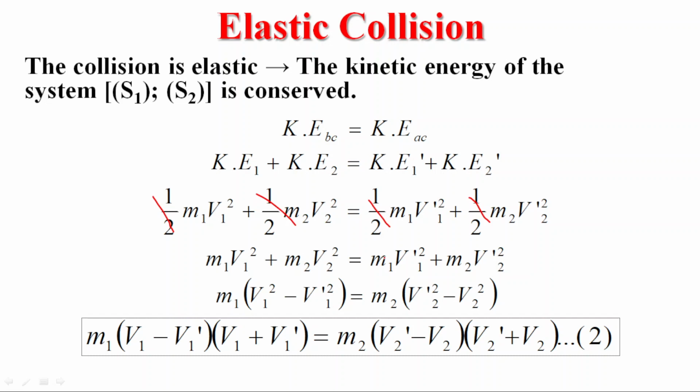Now, the terms with the same m I take to the same side. I get m1 v1 squared minus m1 v1 prime squared, and we take m as a common factor.